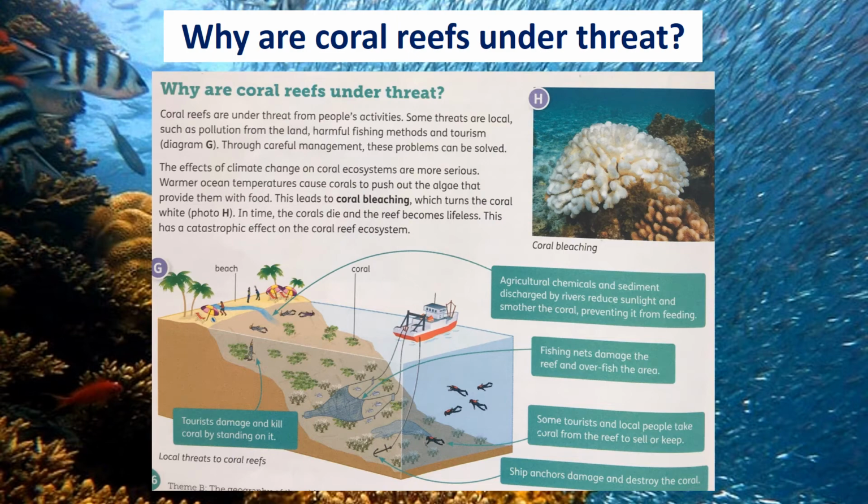The second reason is to do with fishing nets. Fishing nets that scrape the bottom of the sea, or overfishing as well. The third reason is to do with tourists. When tourists visit an area with coral reefs, they might want to purchase some coral to take home. This happens less and less nowadays, but it does still happen.